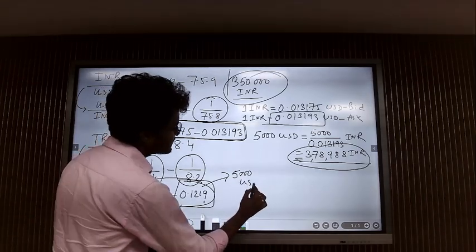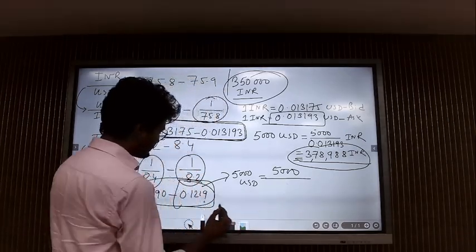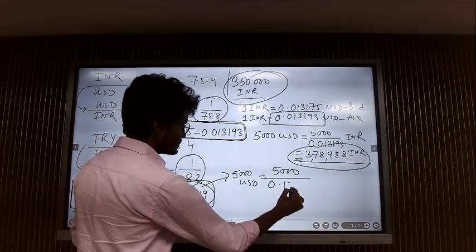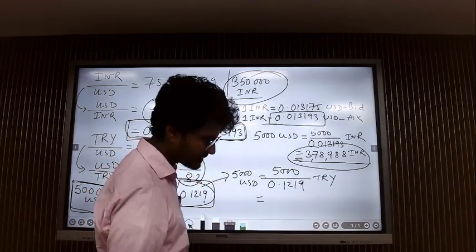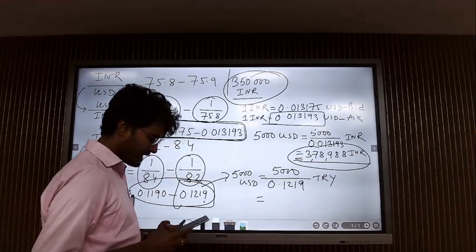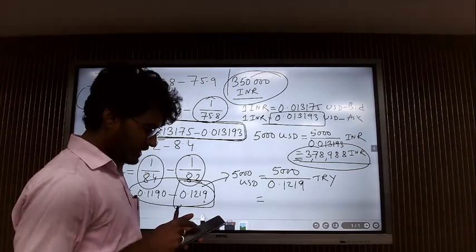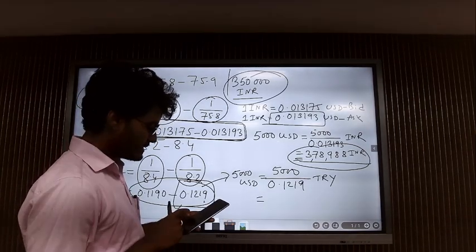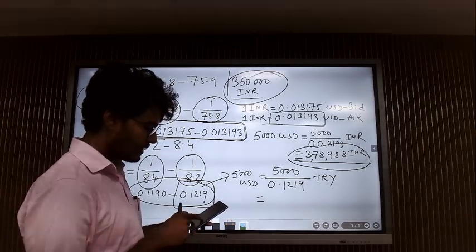5,000 USD equal to 5,000 divided by 0.1219 TRY. So by sacrificing 5,000 US dollars, 5,000 divided by 0.1219.